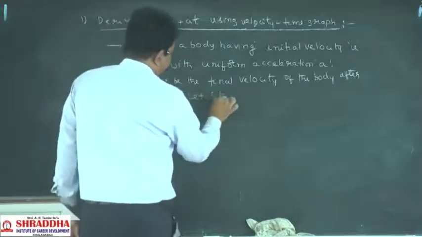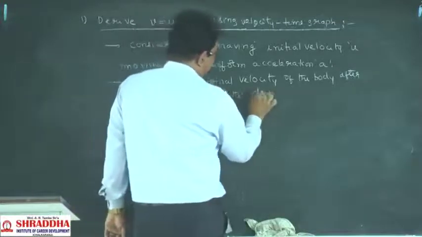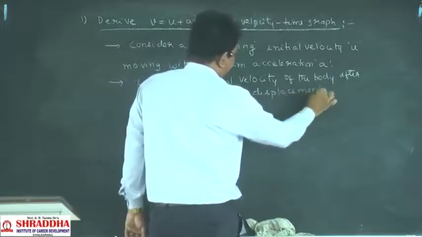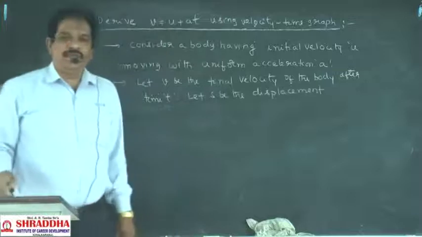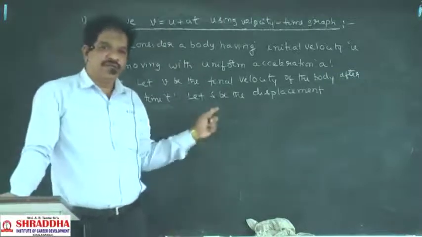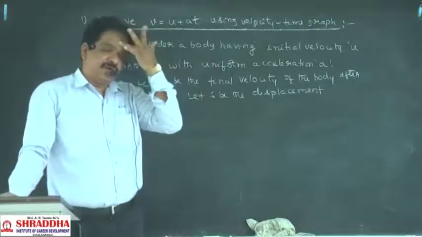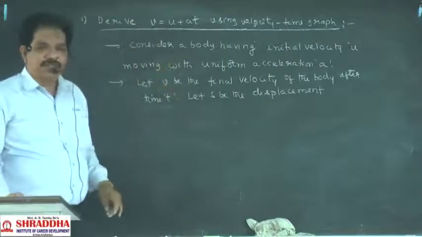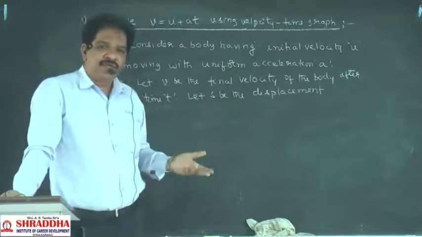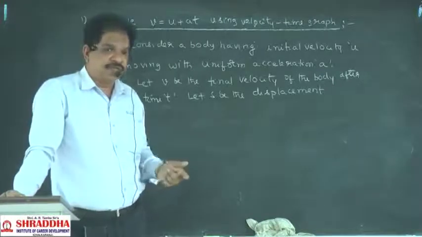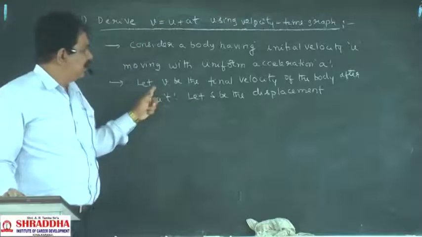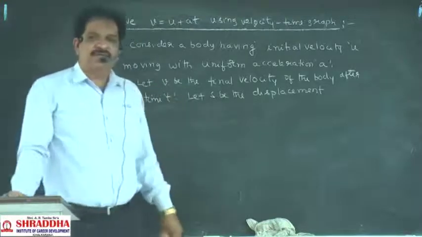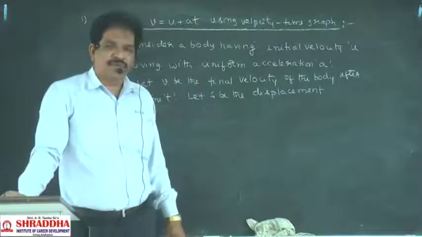Let s be the displacement. v be the velocity of the body after time t. The body is moving with acceleration, so the velocity of the body is gradually increasing. After time t, v be the velocity of the body, and let s be the displacement of the body.